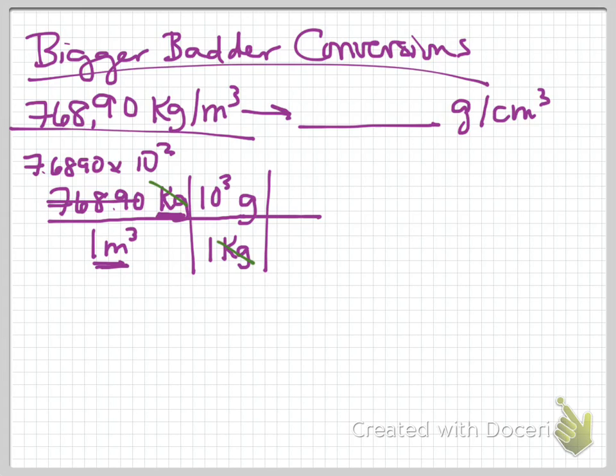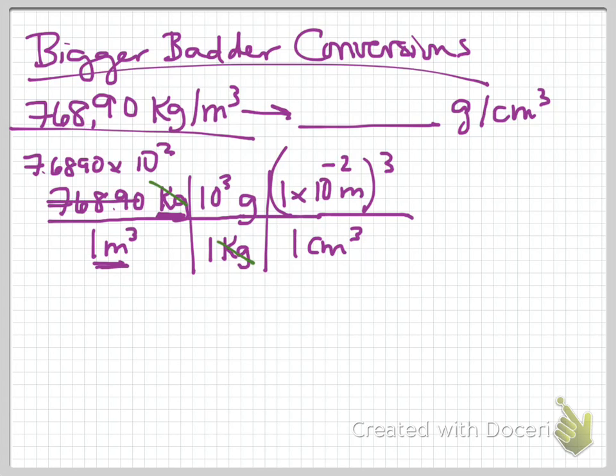But we need to go one more step, because we're looking for grams per cubic centimeter. So we know that cubic meters have to go up in this area and that cubic centimeters have to go down there. The important part to remember is that 1 cubic centimeter is actually 1 times 10 to the negative second meters, cubed.